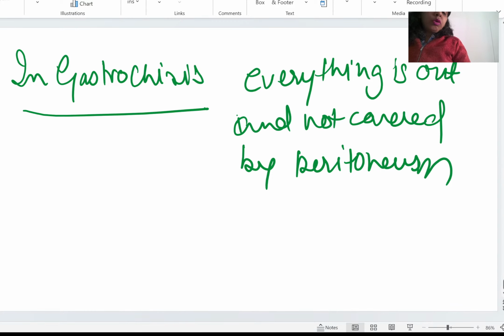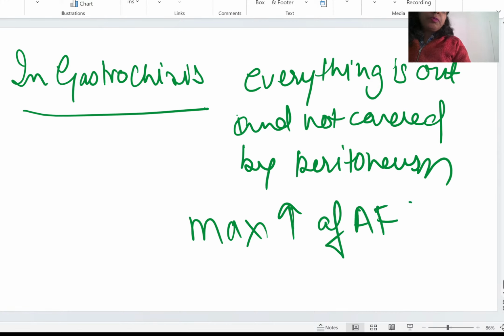So there is maximum increase of alpha fetoprotein.